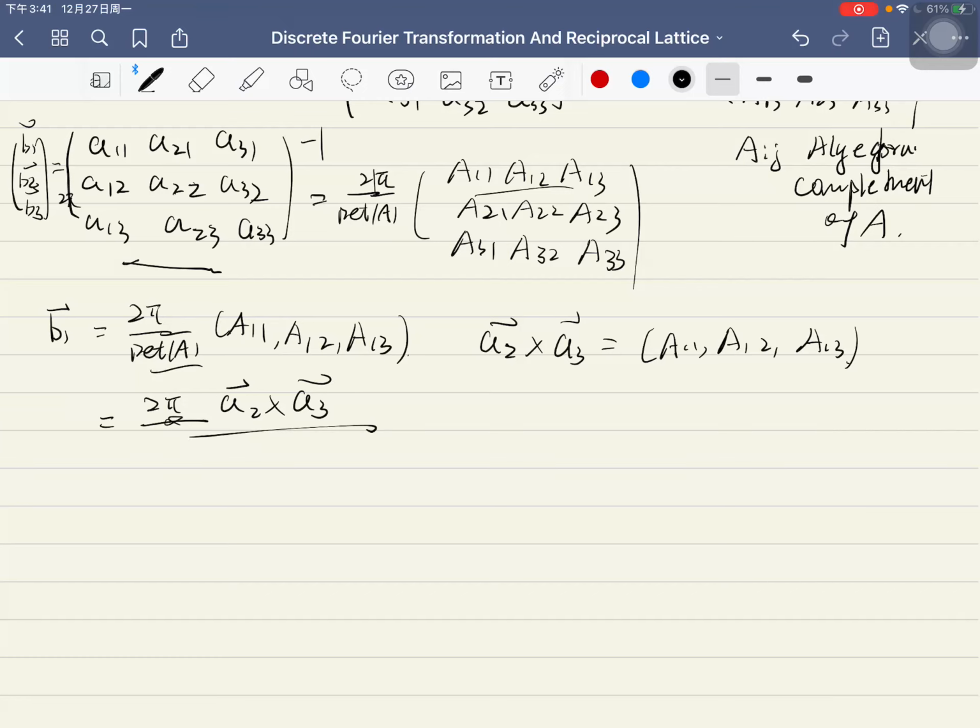The determinant is the mixed product A1 dot A2 cross A3, which also means the volume of the primitive cell.